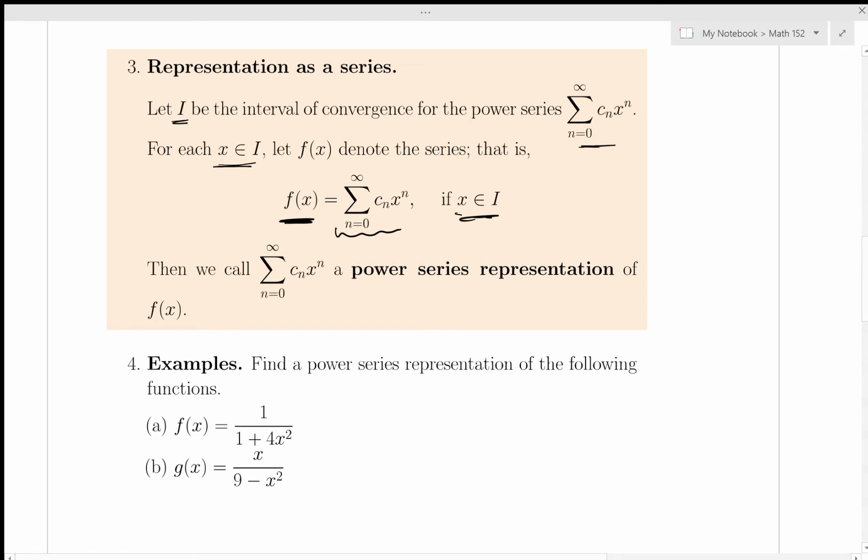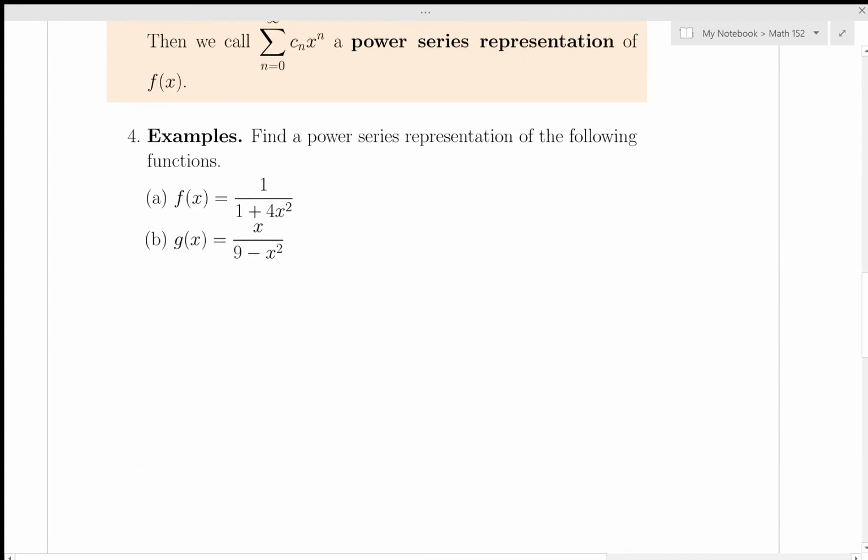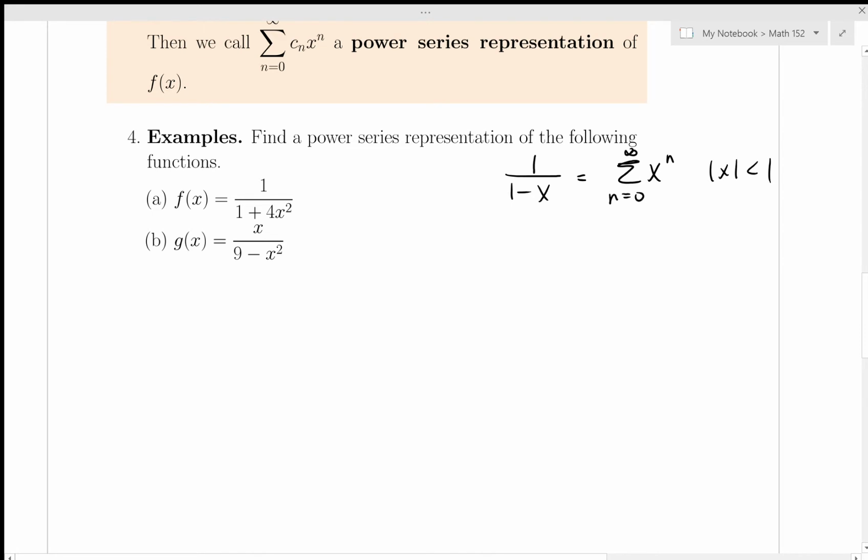So let's see if we can find the power series representation of the following functions. In the back of our mind is that we're starting from the geometric series, which we know the power series representation of. So we know this to be the case. So we're starting from that position.